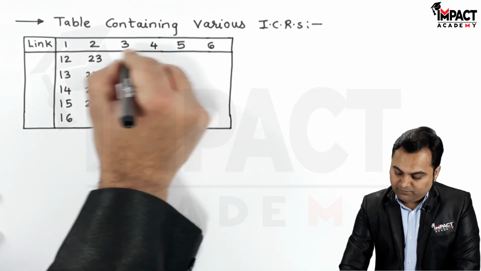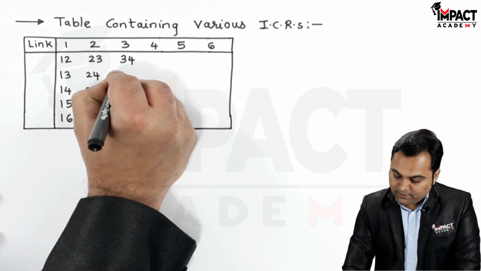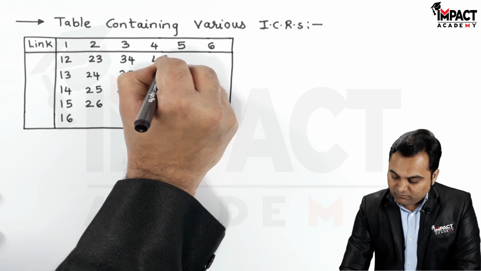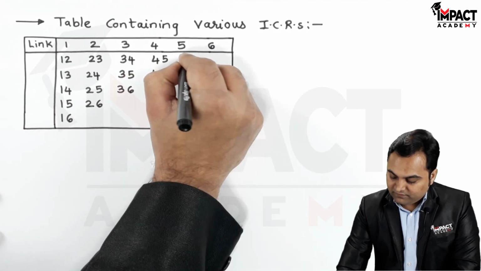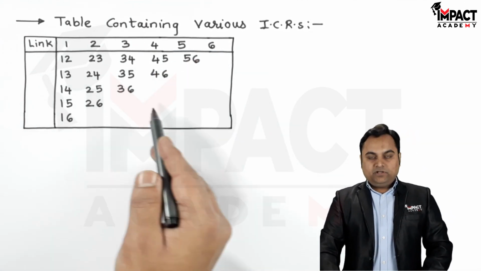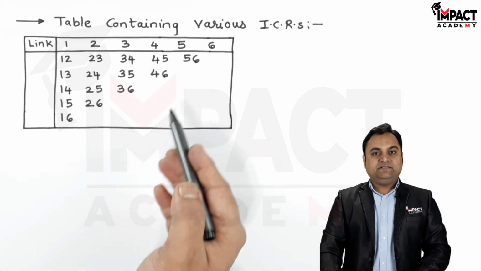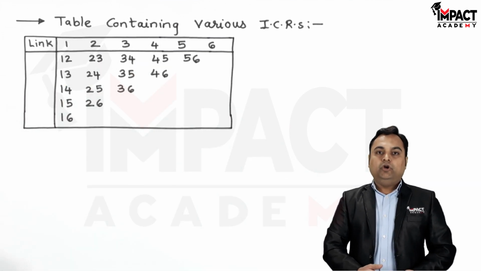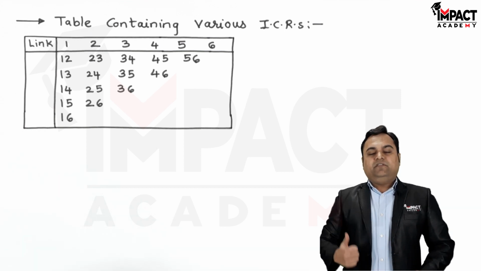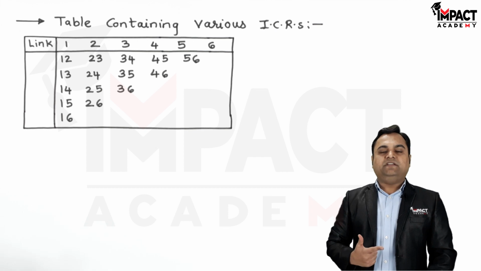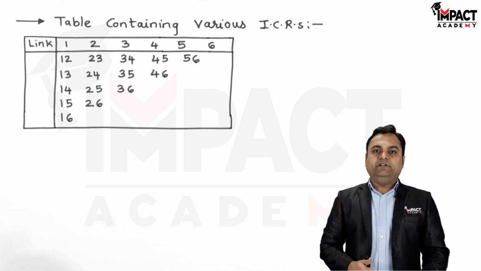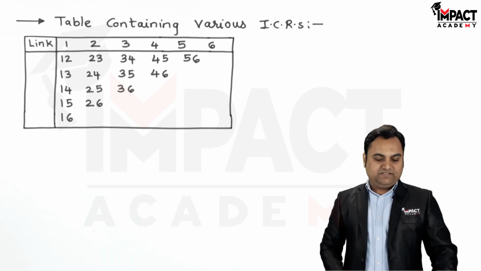Then 3 with the remaining links, that is 3 4, 3 5, 3 6, 4th link, 4 5, 4 6 and the 5th link which is 5 6. So when we calculate over here, we can easily see that there are 15 ICRs and all these ICRs need to be located. And there are 3 types of ICRs basically, that is fixed ICR, permanent ICR and neither fixed nor permanent ICRs. So at first I would be locating the fixed and permanent ICRs.